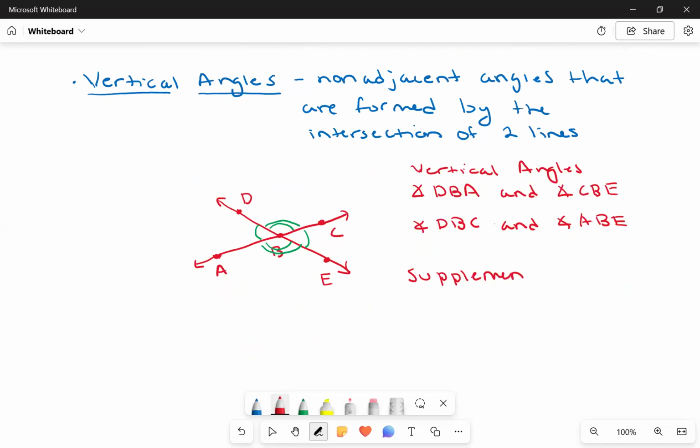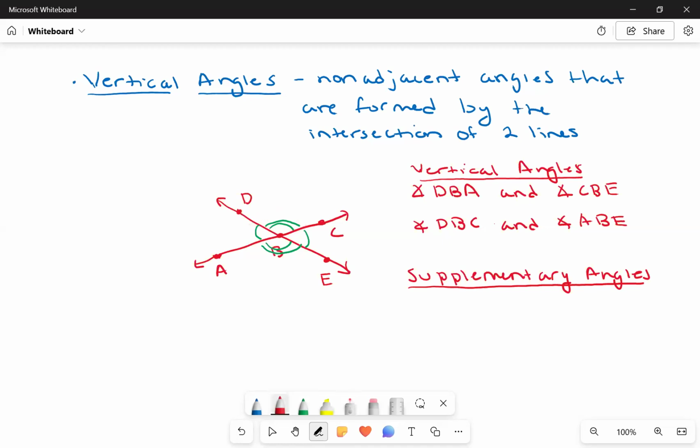Supplementary angles. And I would encourage you to take a second, maybe pause the video and label it. There's going to be 4 sets of supplementary angles. Here, I'll kind of underline this so that we know we're talking about categories here. Okay, so the first set, I'm going to go ahead and do this angle and this angle, those two that form this line right there.